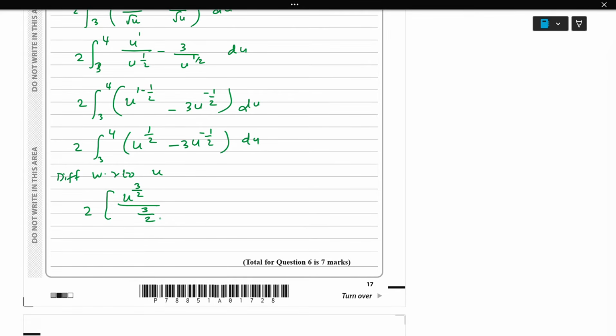So next minus 3 into u power minus 1 by 2 plus 1, which is going to be 1 by 2, over 1 by 2, and the limit is 3 to 4.